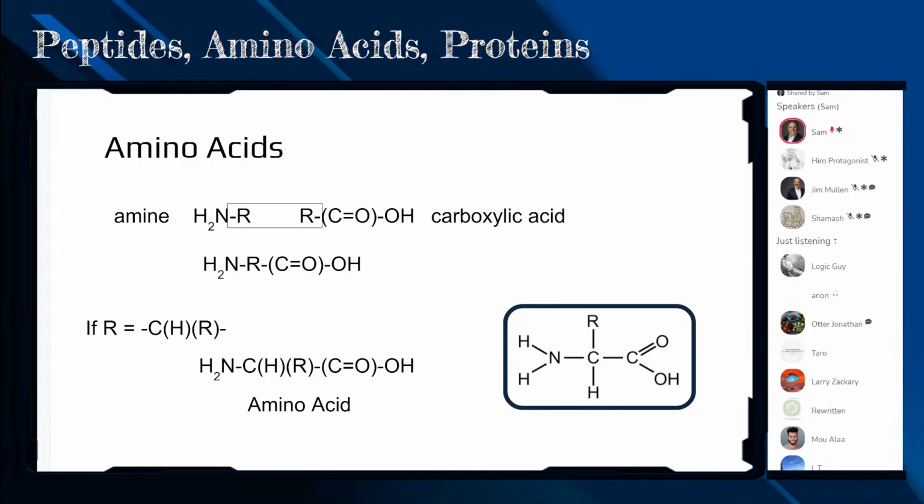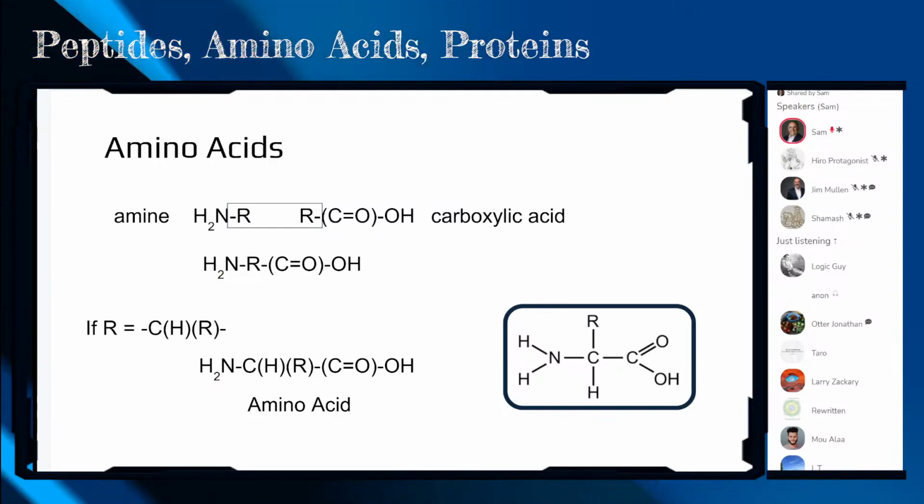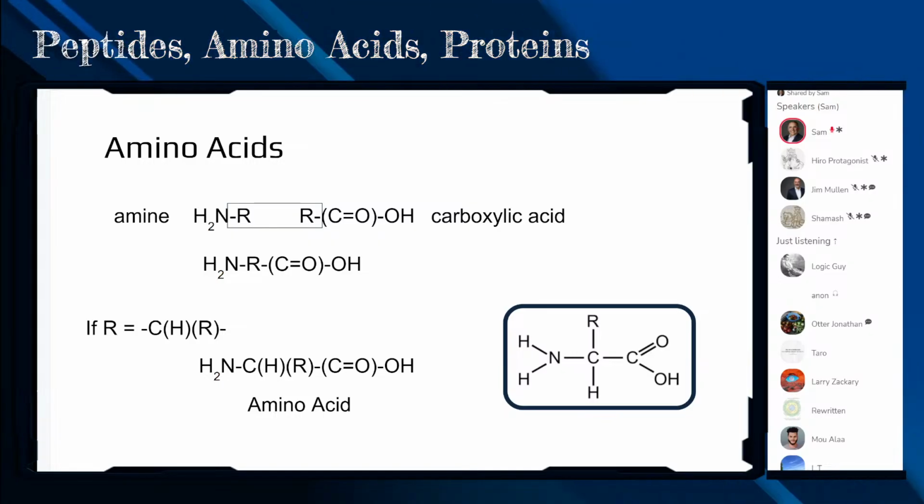As I have shown on slide 9, the amine H2NR and the carboxylic acid COOH: I can delete one of the R's and have the other R bridge the two.